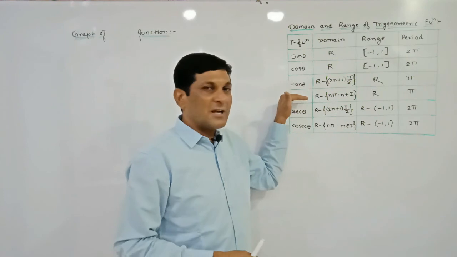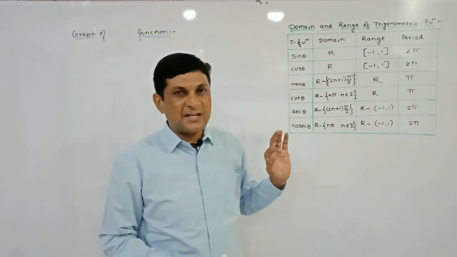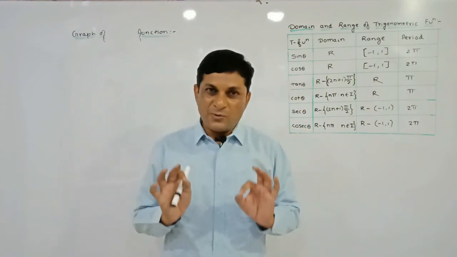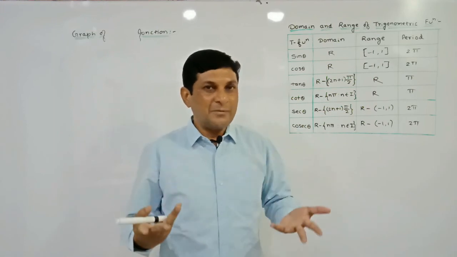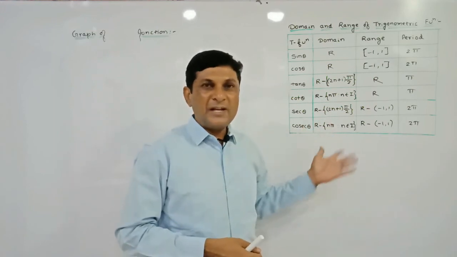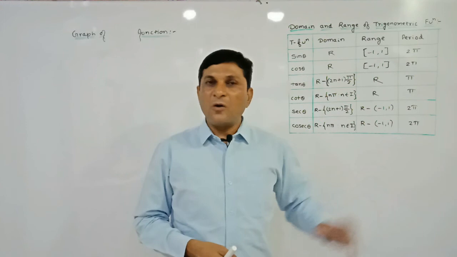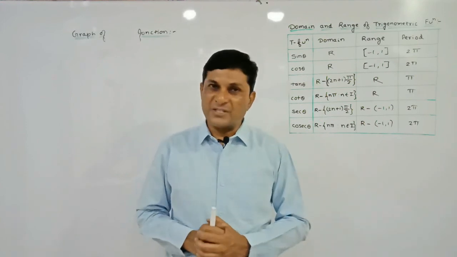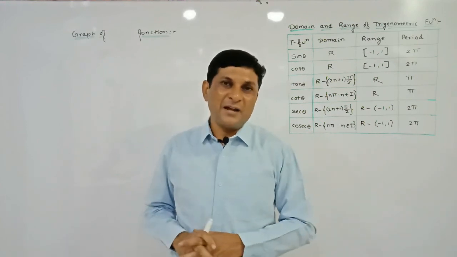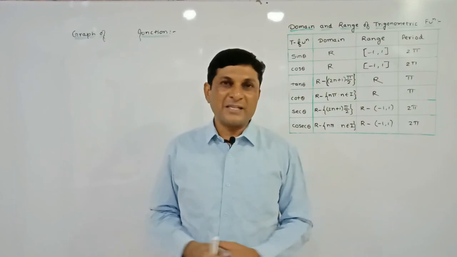The graphs of the remaining three functions are given in the textbook. So try to draw these graphs and you will easily be able to identify the domain, range and period of the remaining three trigonometric functions. In the next video we are starting our last exercise from this chapter.